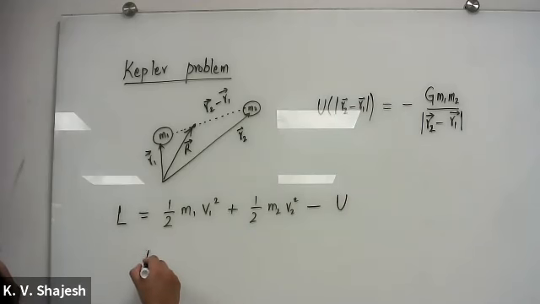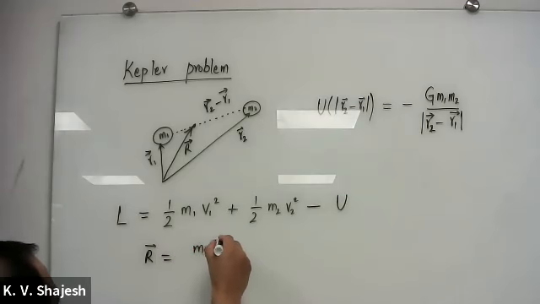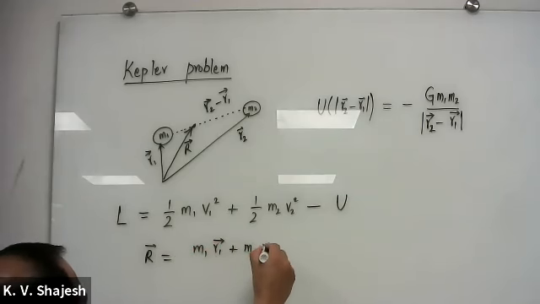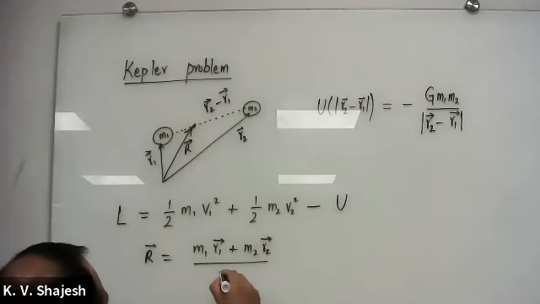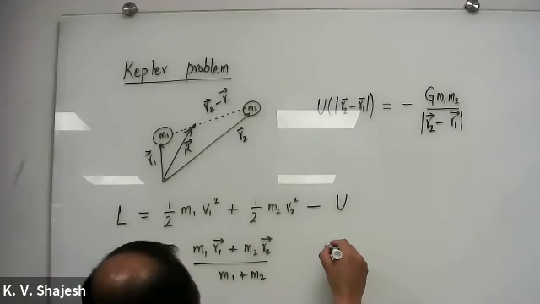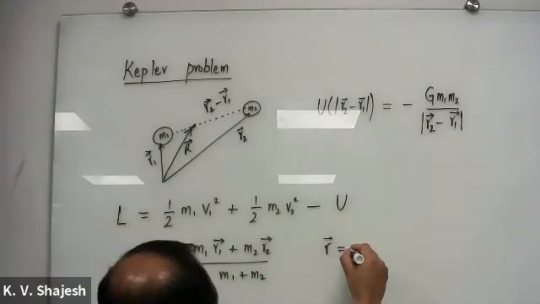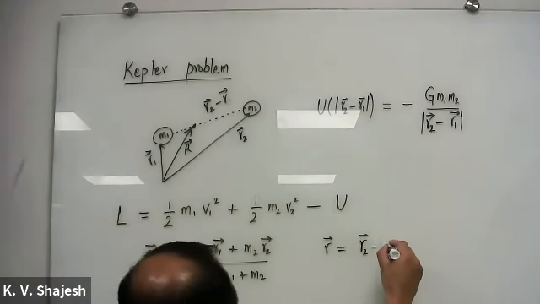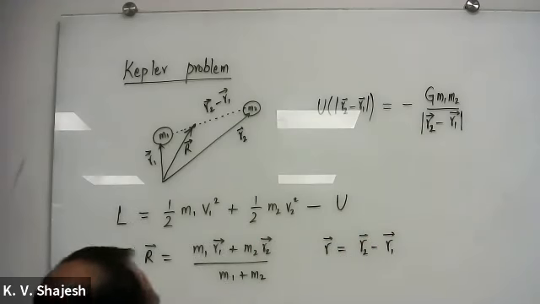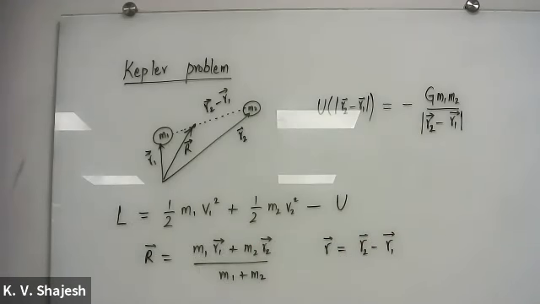We defined coordinates: the center of mass coordinate R equals m1 r1 plus m2 r2 divided by m1 plus m2, and we define r equal to r2 minus r1. In terms of that, notice this Lagrangian L depends on r1, v1, r2, v2.